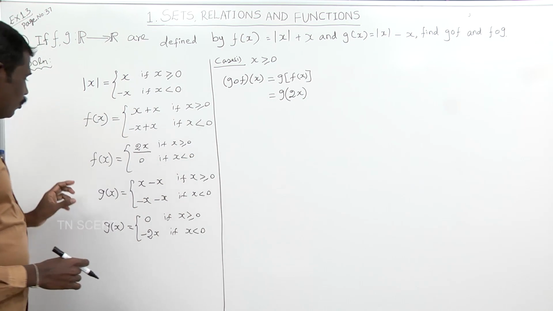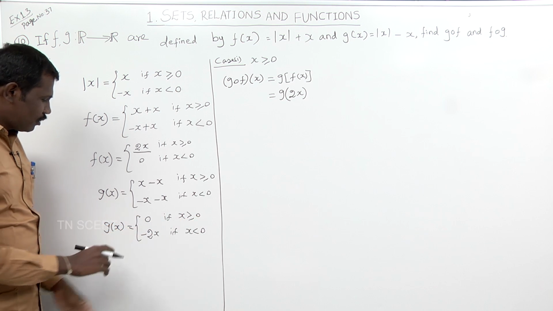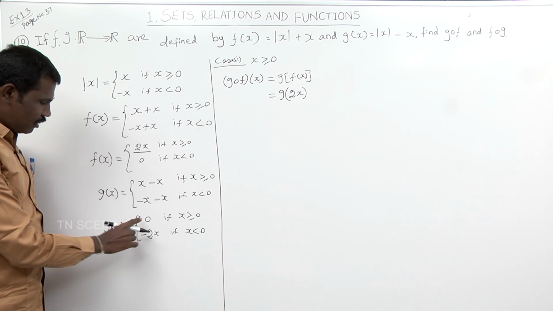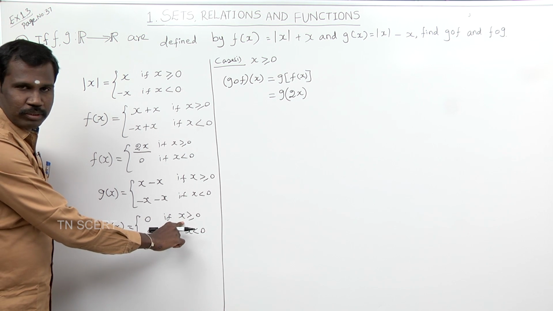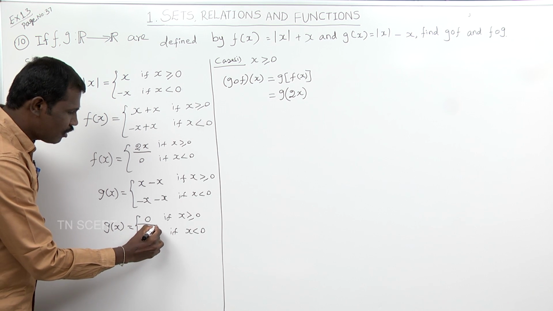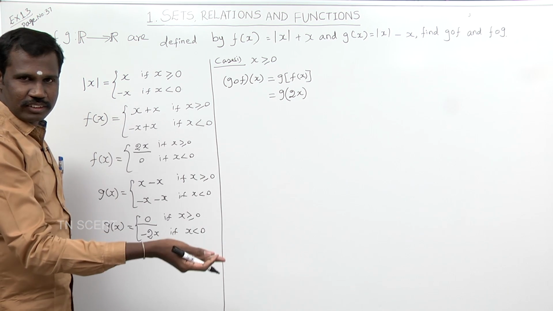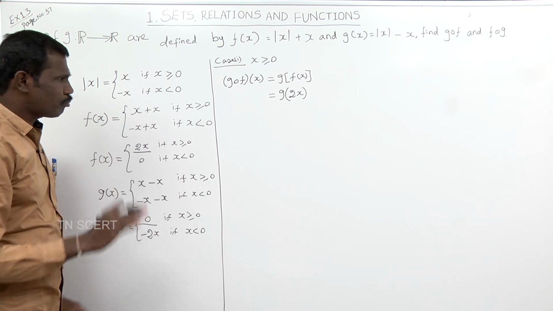Now, when x is non-negative, what is the value of g of x? It is always 0. g of x is 0 for all non-negative numbers. Whenever x is greater than or equal to 0, the value of g of x is simply 0.